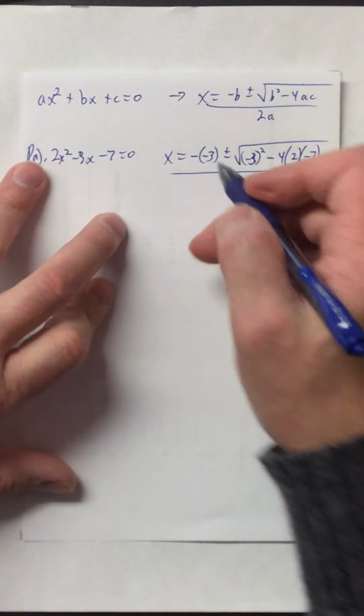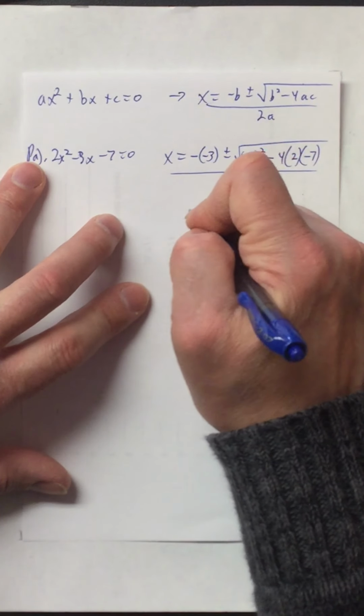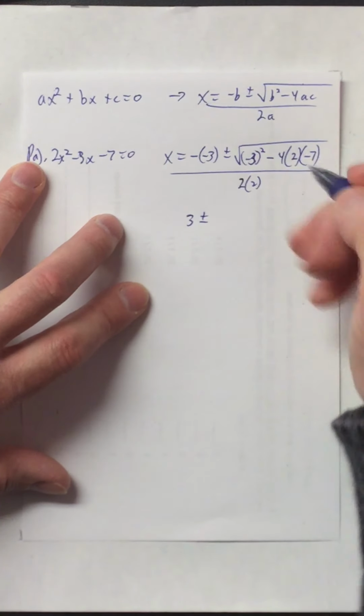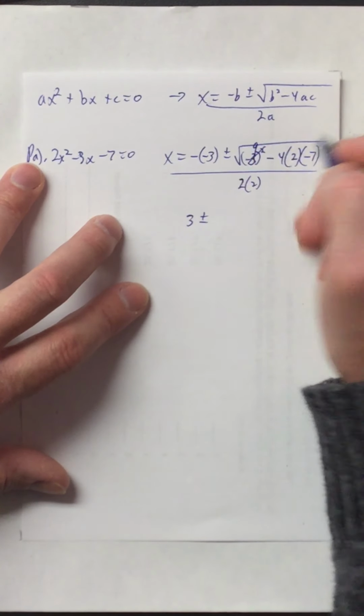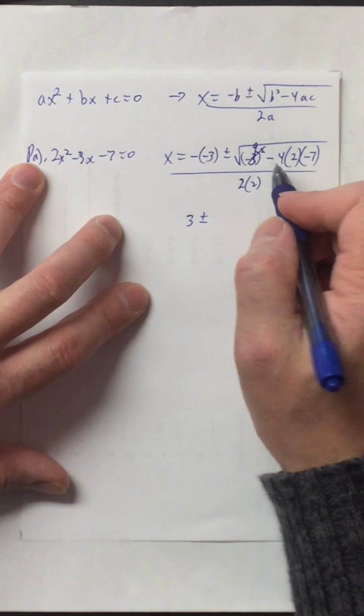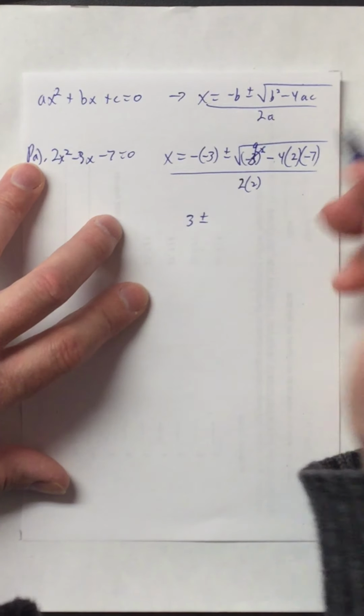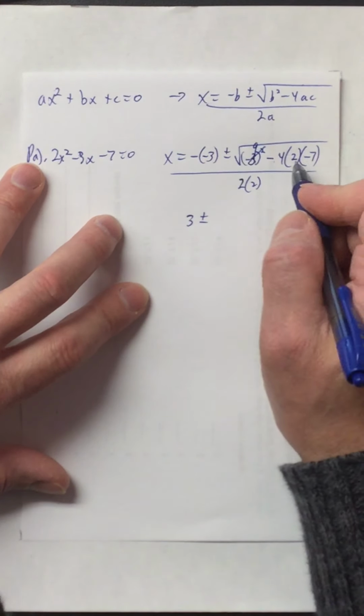All right, let's start simplifying some things. Negative times a negative is positive, so 3 plus or minus this right here, -3 squared is 9.